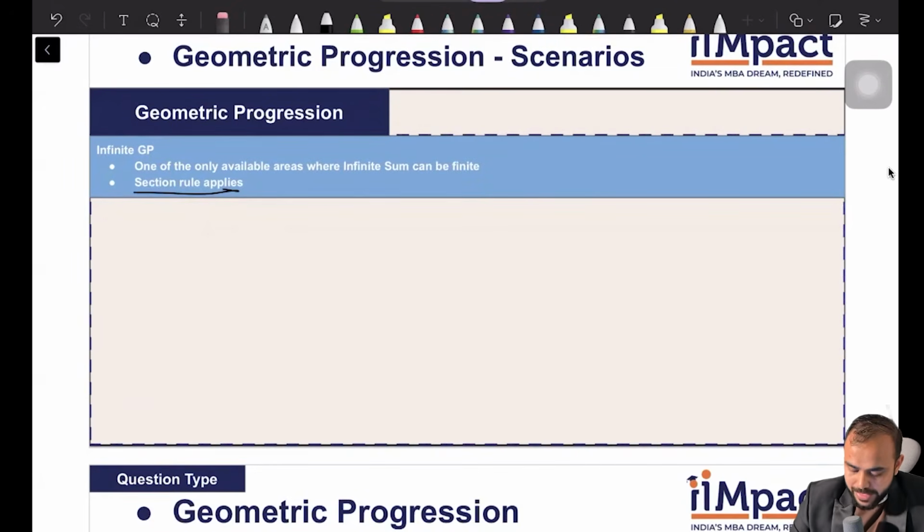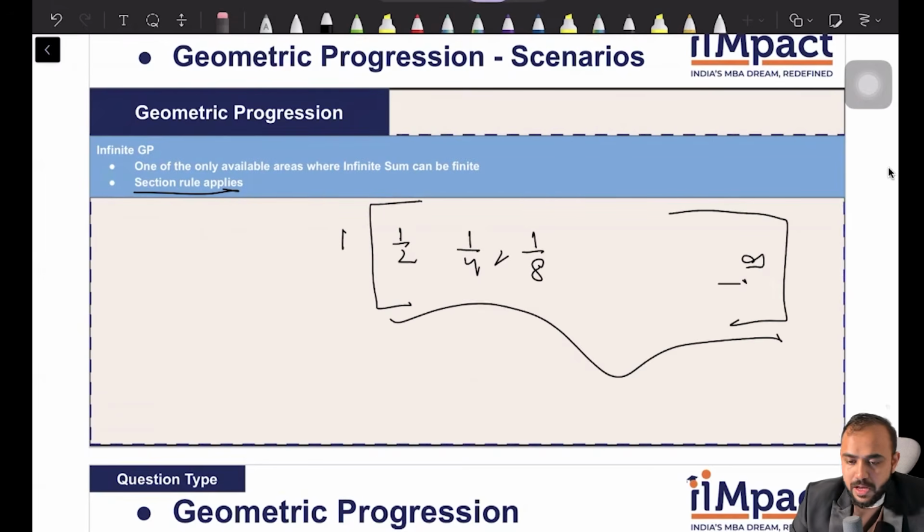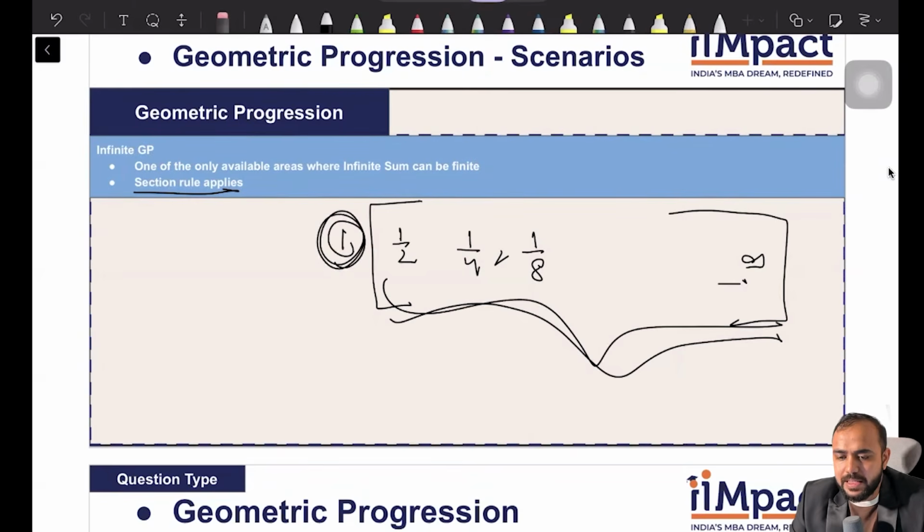What I mean by that is, let's say there is your infinite GP 1, 1 by 2, 1 by 4, 1 by 8. Now let's say I picked this section. This section would still be a GP and would still be an infinite GP. That is what I mean by the section rule applying for an infinite GP as well. And this is something they often do. They will give you the sum for this GP and they will not give you what the first term is, and then they will build upon that.